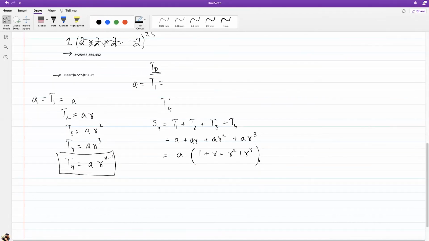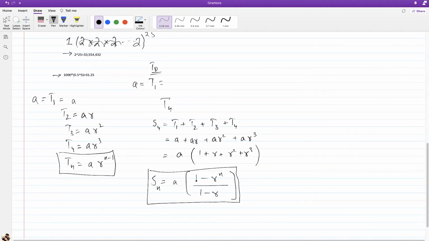Using some algebra, which I don't need to do with you guys, this whole thing is nothing but a into 1 minus r to the power n over 1 minus r. So if I want to do it for 4 terms, I simply put 4 here. So the sum till 4 is a times 1 minus r to the power 4 over 1 minus r.